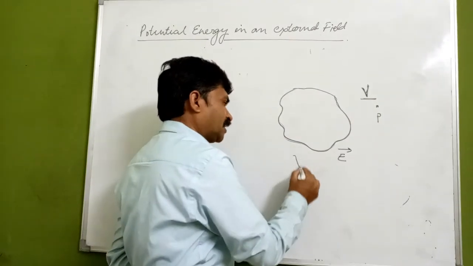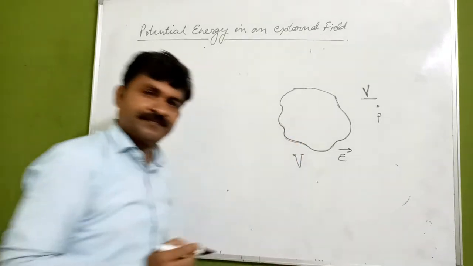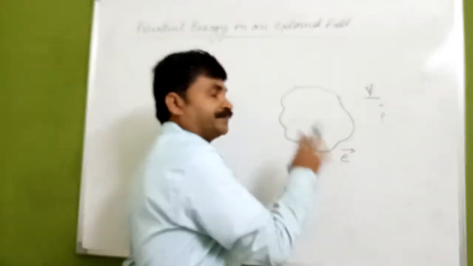Now we know the definition of electric potential. Electric potential is the work done in bringing a unit positive charge from infinity to any point.